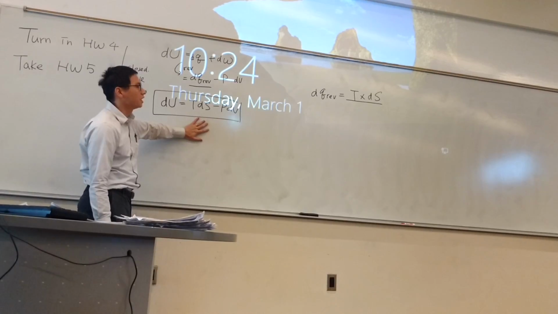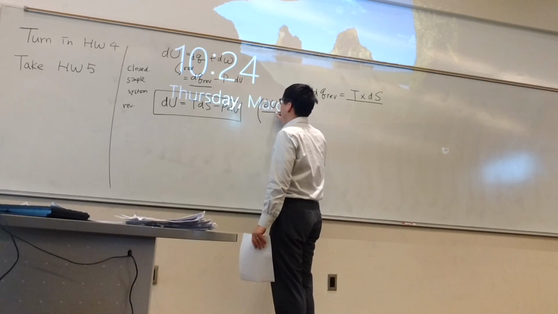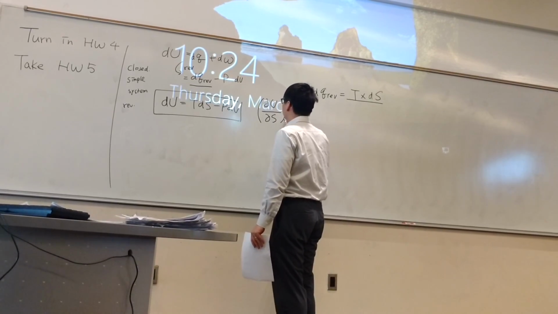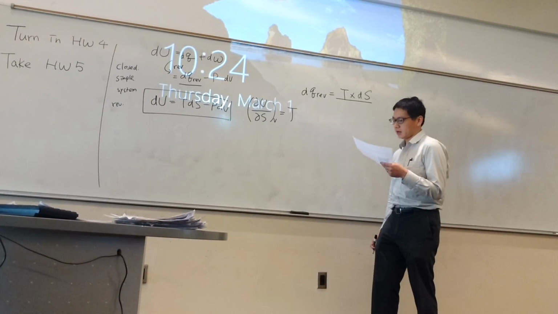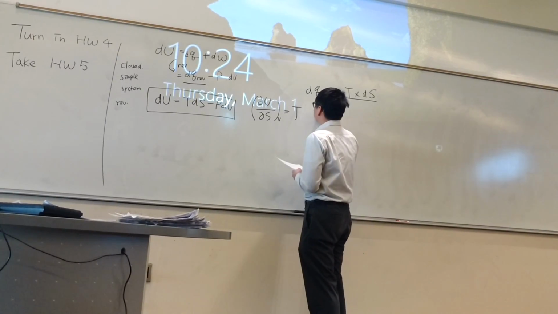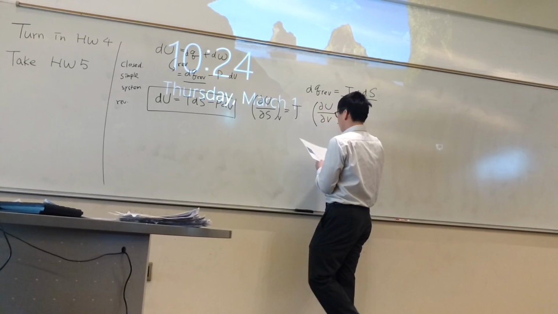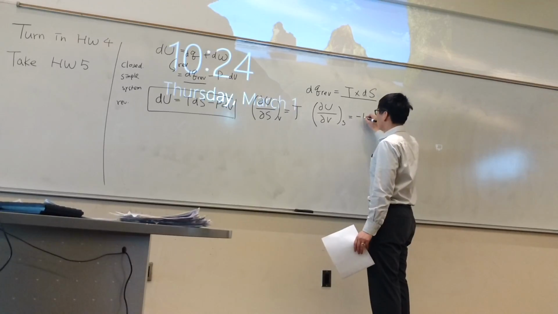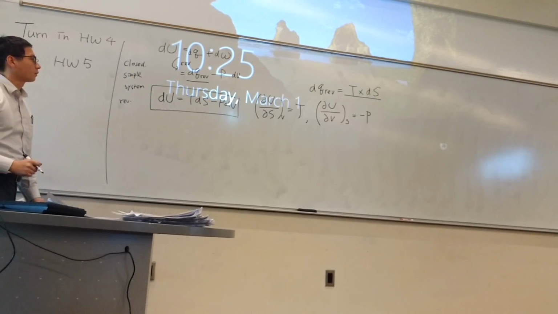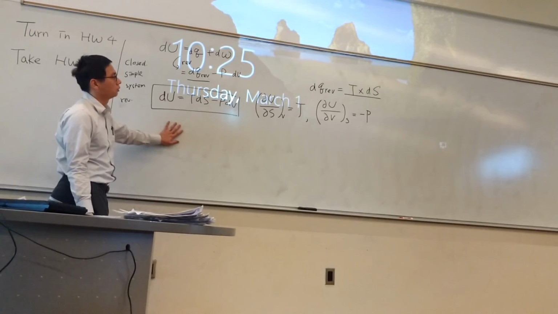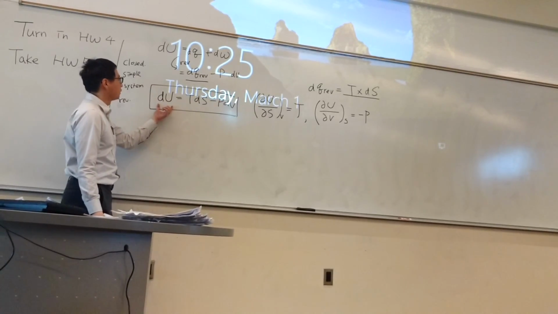Once you write this down, it also implies that partial U over partial S at constant V is equal to T, and partial U over partial V at constant S is equal to negative P. At this stage you should be able to see this very easily, because it really expresses dU as a function of dS and dV.